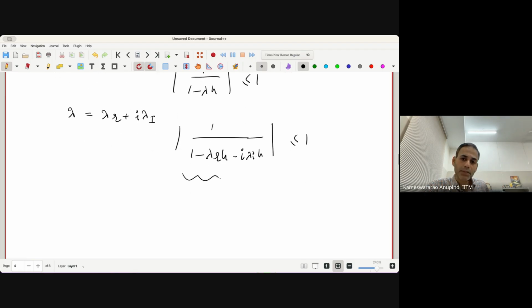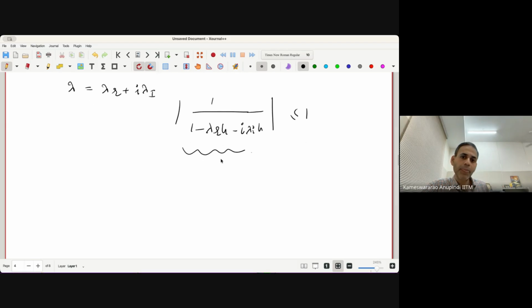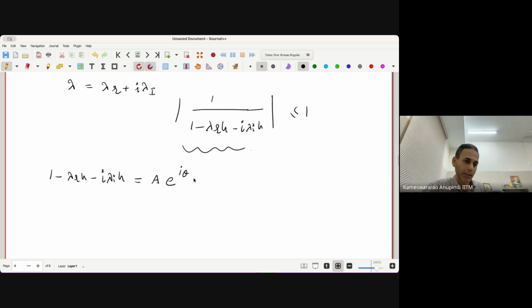Now let us look at this left hand side. What is this quantity? It is a complex number, 1 minus lambda R h minus i times lambda I h, which in general can be written as amplitude times a phase. We can write this as A times e to the power i theta.